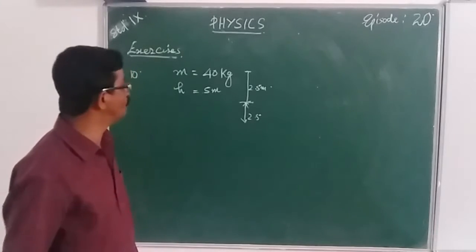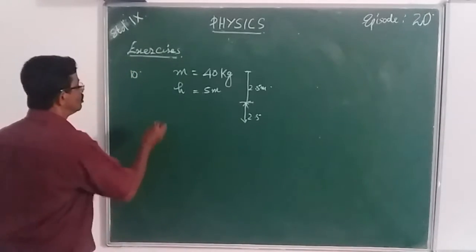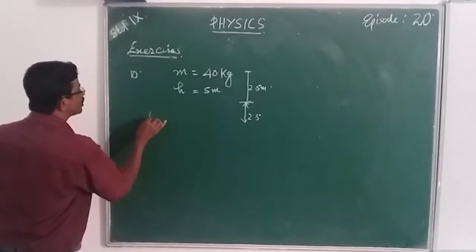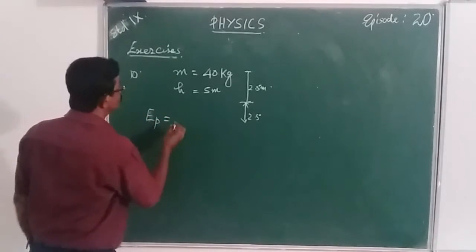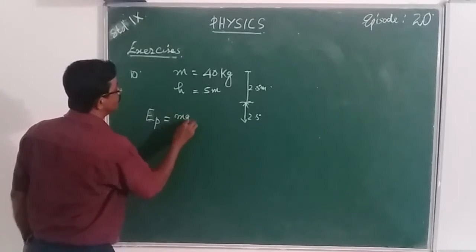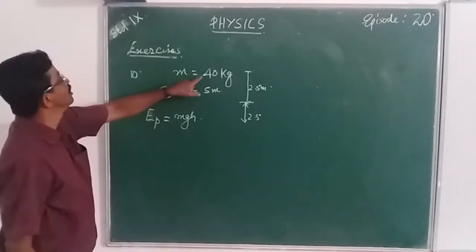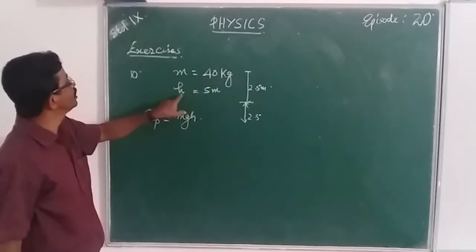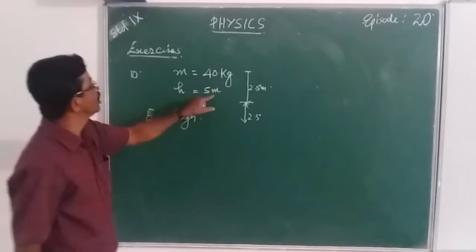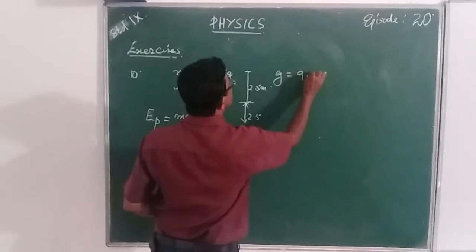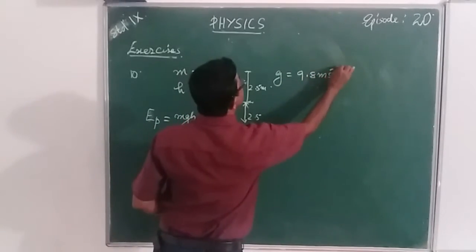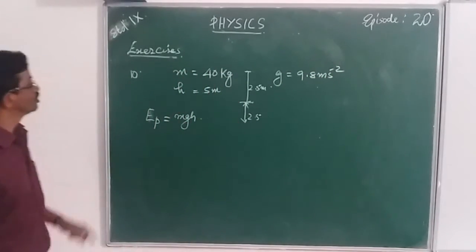Those two things we want to find out. We know potential energy is equal to mgh. Here m is 40, h is 5 and g is equal to 9.8 meter per second square.